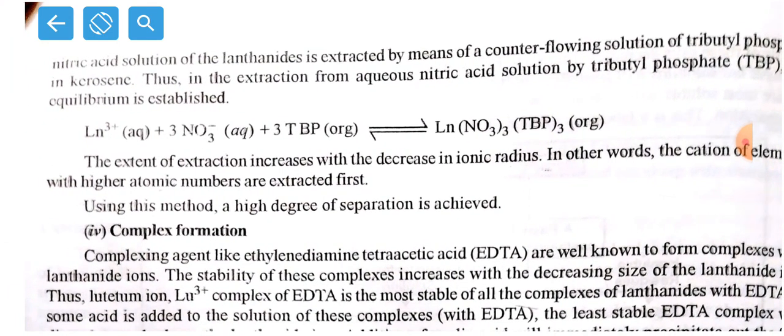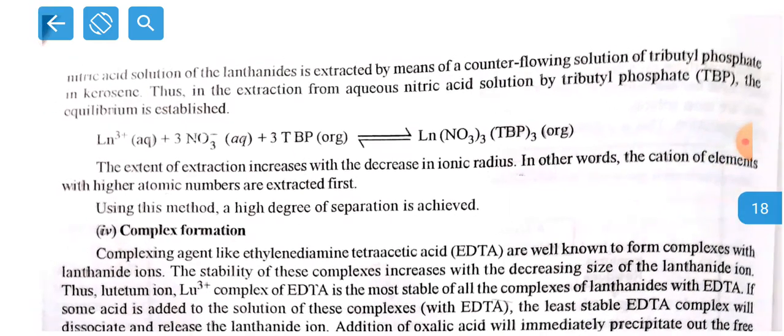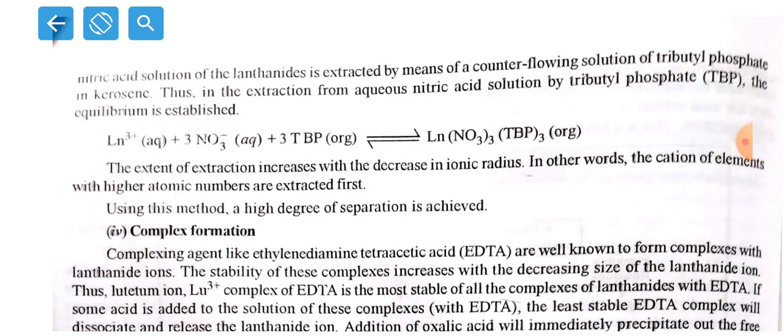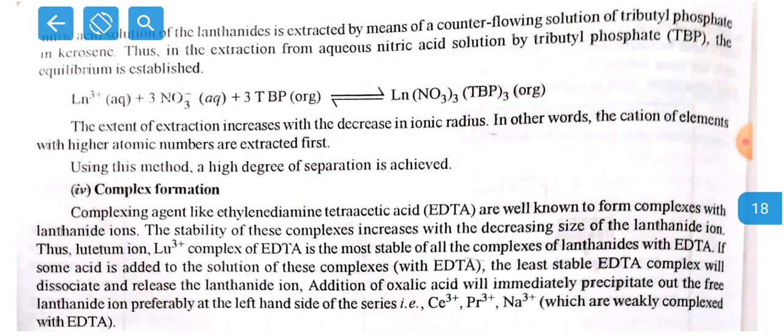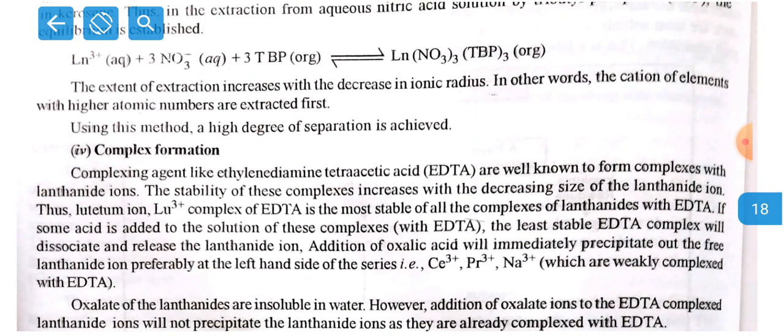Thus, in the extraction from aqueous nitric acid solution by tributyl phosphate (TBP), the equilibrium is established: Ln3+(aq) + 3NO3−(aq) + 3TBP(org) gives Ln(NO3)3·3TBP(org). The extent of extraction increases with the decrease in the ionic radius. In other words, the cations of elements with higher atomic numbers are extracted first. Using this method, a high degree of separation is achieved.